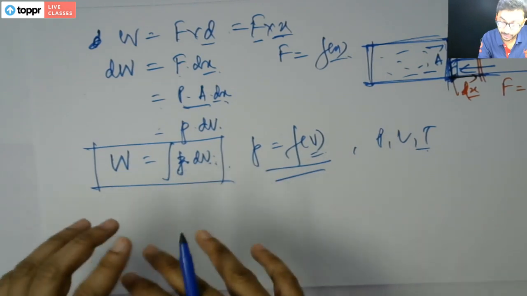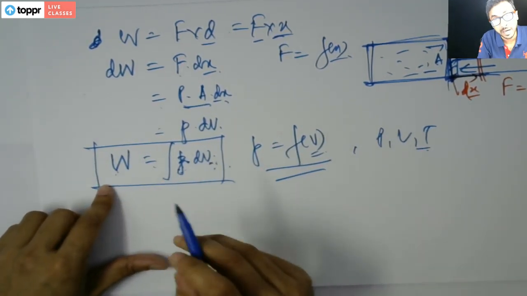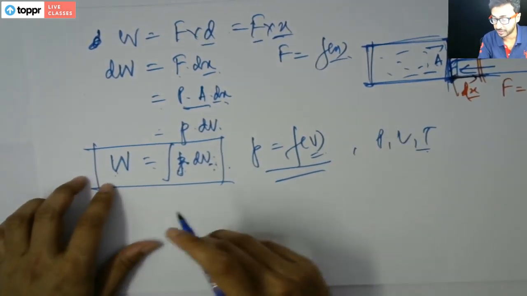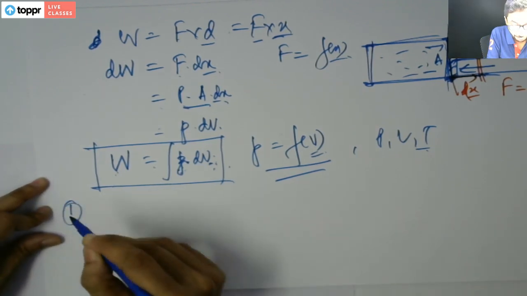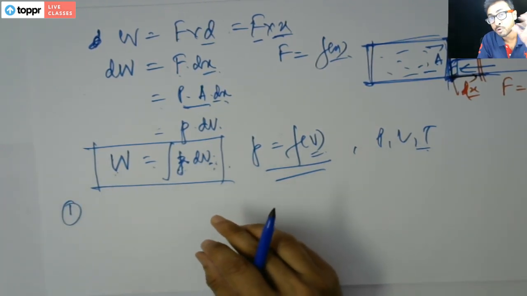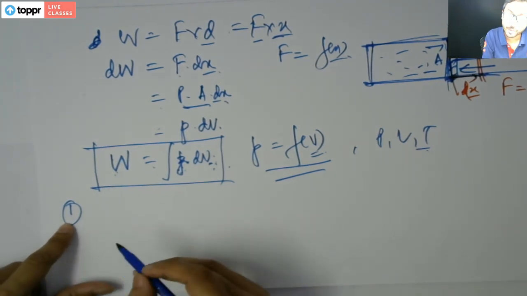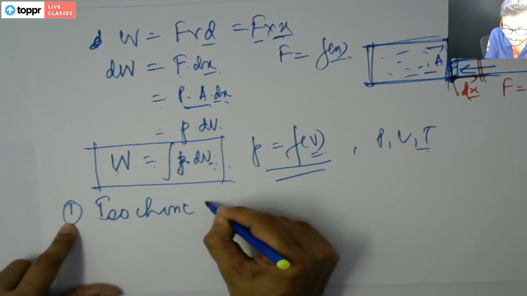Now we'll try to elaborate on this, like how work is equal to P dV, and how it is different for different processes. We'll have 4 basic processes, and there can be innumerable other processes. First is the isochoric process.